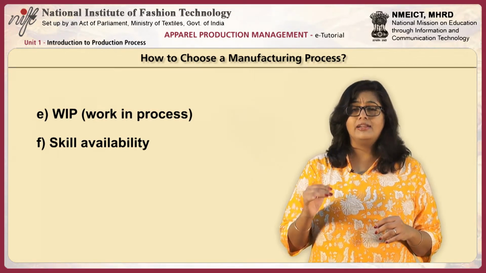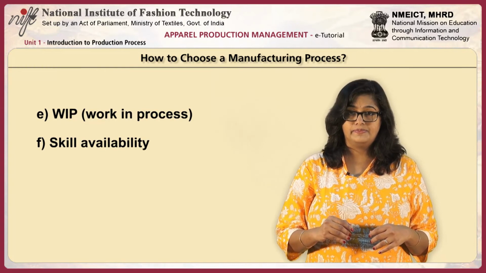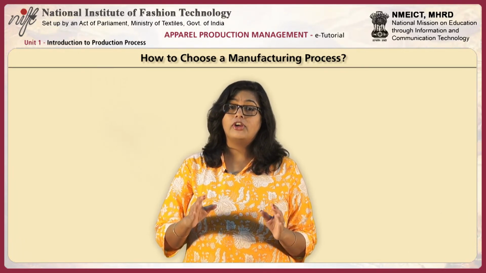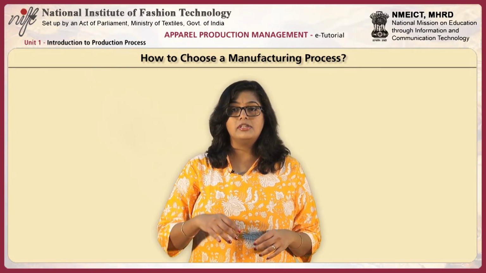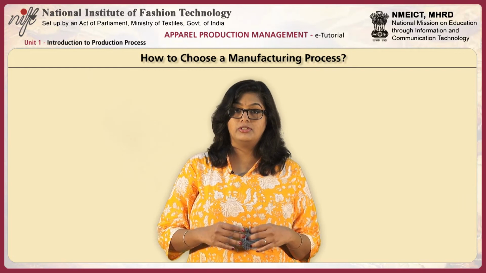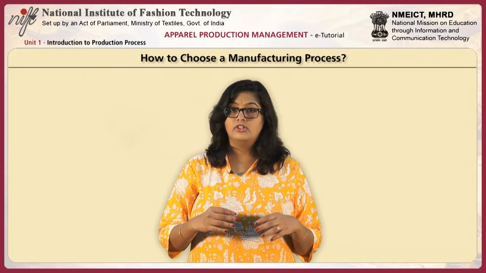Skill availability refers to the labor content in and around the area. Hence, it is very important for an entrepreneur to consider all these factors before taking a decision regarding the type of manufacturing process to be adopted.